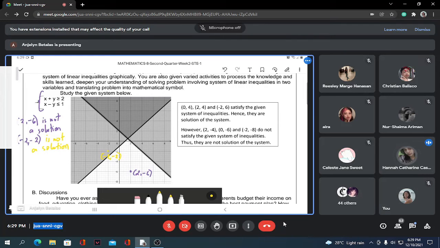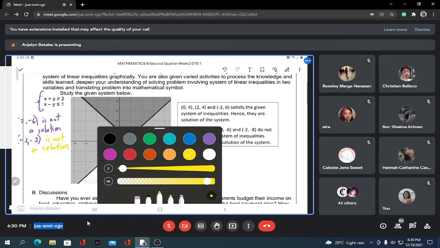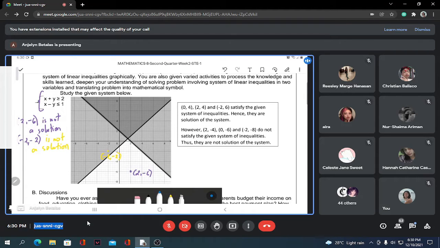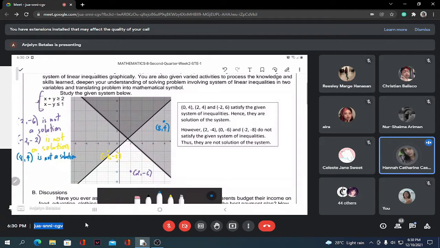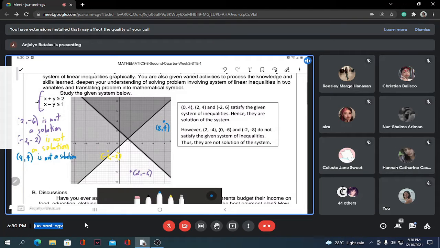Quadrant 1. Is it a solution? No, because it lies in only one shaded region. It is not in the intersection, the double-shaded region. Okay, last.